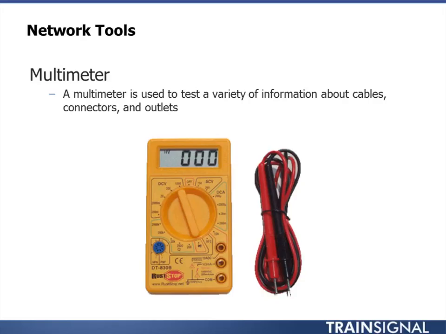You can check out your volts, your ohms, your amps. There's all sorts of different things you can check out. So you can check whether you have continuity. You can check how strong of a signal you have. You name it. As a matter of fact, this is an example of something where I probably should not have put a picture on the screen because multimeters come in all different shapes and sizes. But I wanted to put a picture up there because at least this is somewhat what it primarily looks like.